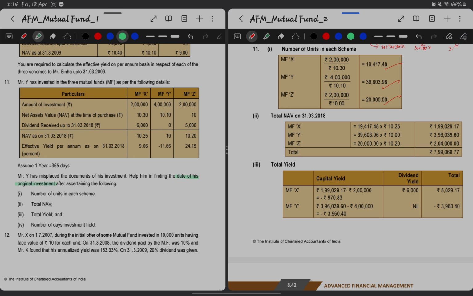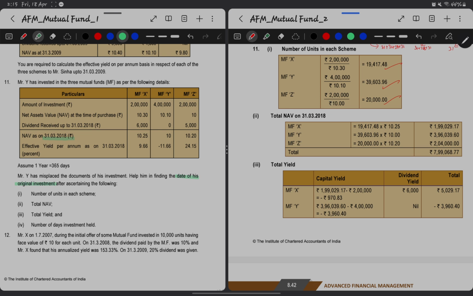Then they are asking for the total NAV. Here total NAV signifies the NAV as on 31st March 2018. The NAV at the time of purchase will be nothing but the investment itself, because using that only we found the number of units.